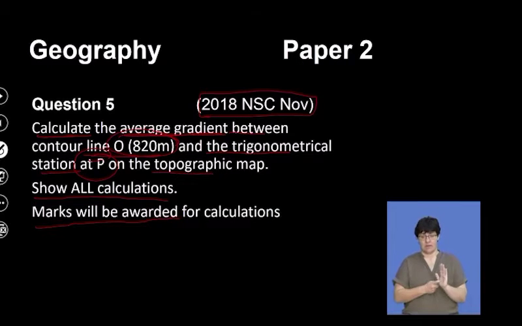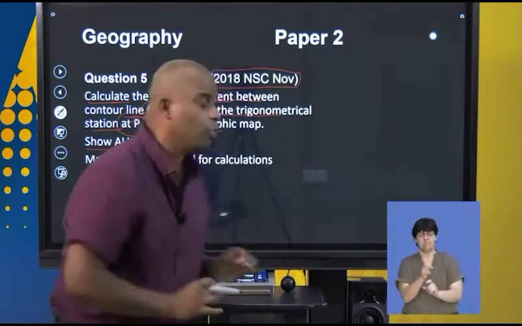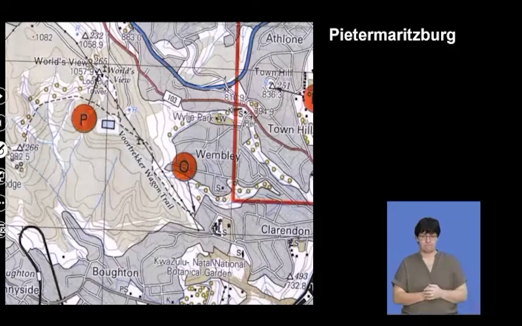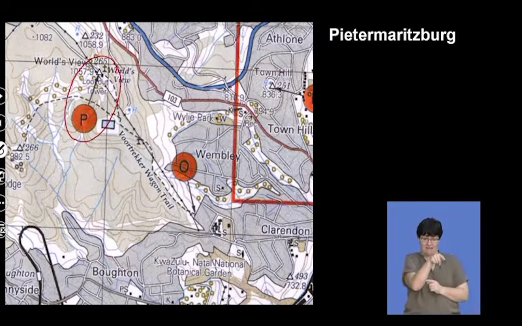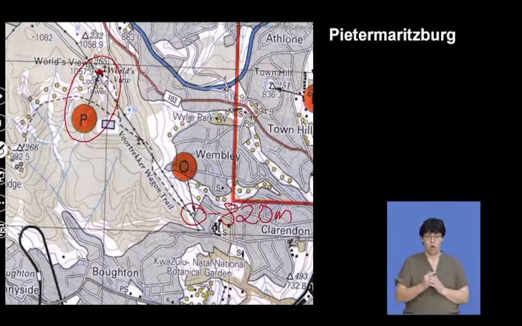Now, let's take a closer look at the map that we are dealing with and zoom into these 2 points. These 2 points are characterized as follows. Here's area P, and note area P is characterized by trig beacon 275. Note area 0, which we've been given as a height of 820 meters. For gradient, the formula is gradient is equal to the vertical interval over the horizontal equivalent.